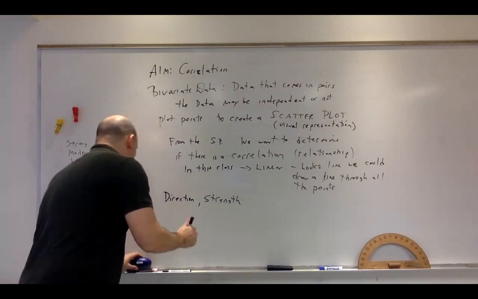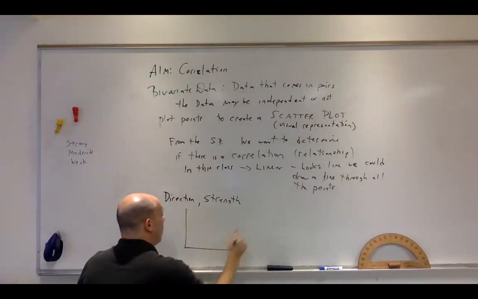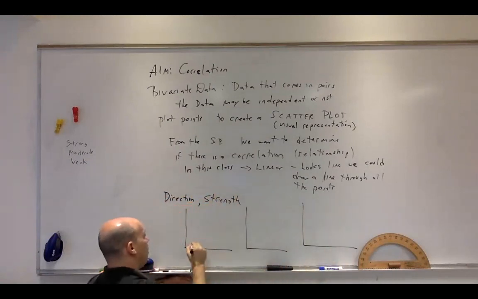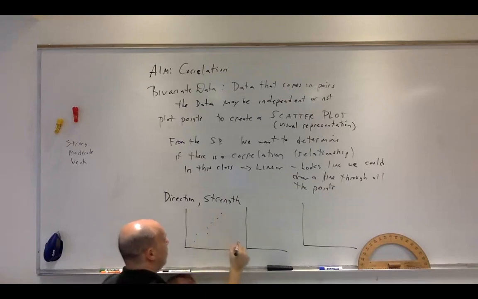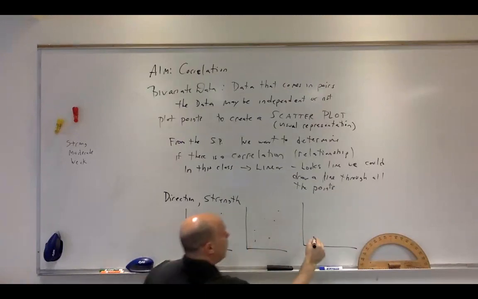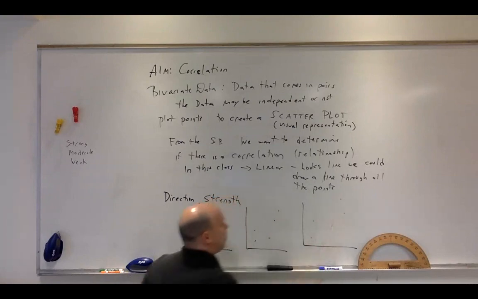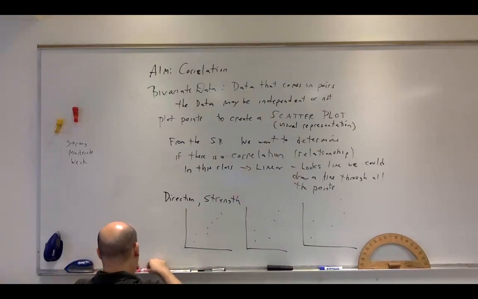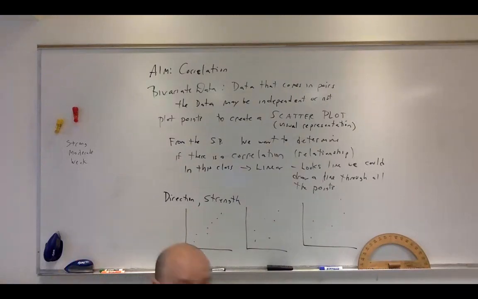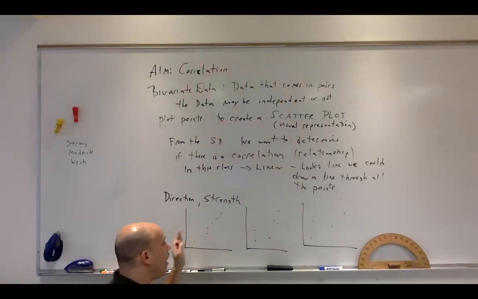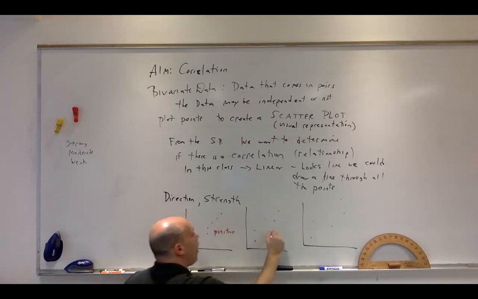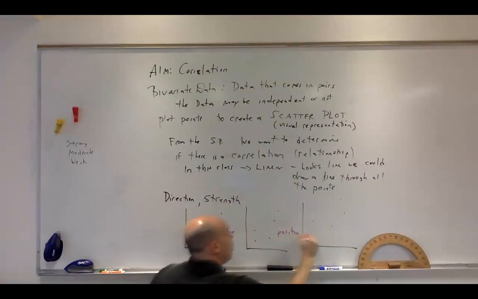Let's say we have three scatter plots, and here are our points. Over here, and then over here. Now, the question is, what's the relationship? In each case, you would say, okay, as the x is increasing, the y seems to be increasing. So in all three cases, it's positive.